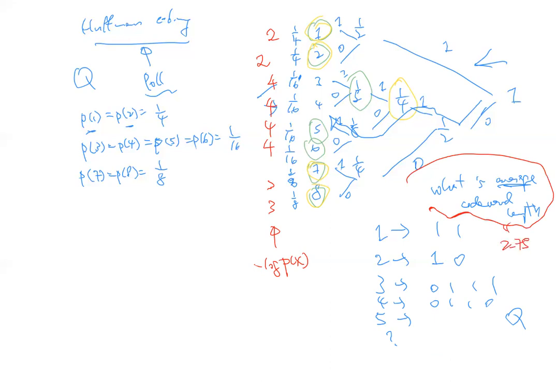So in this case, Huffman coding is exactly optimum. The source coding theorem shows that on average you cannot compress more than 2.75 bits, and Huffman coding achieves the optimum here, only needing exactly 2.75 bits.